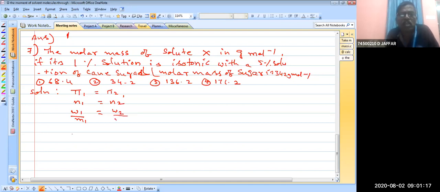For the first solution, weight is given, 1% means 0.01, divided by M1, which you want to find out, that is equal to W2, 0.05, divided by 342, right?